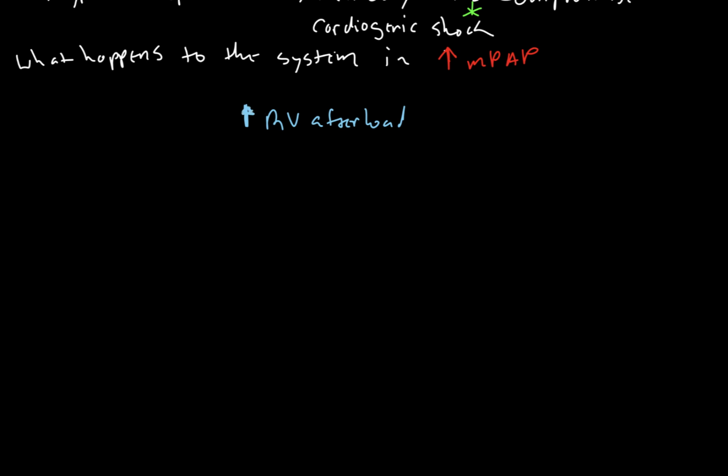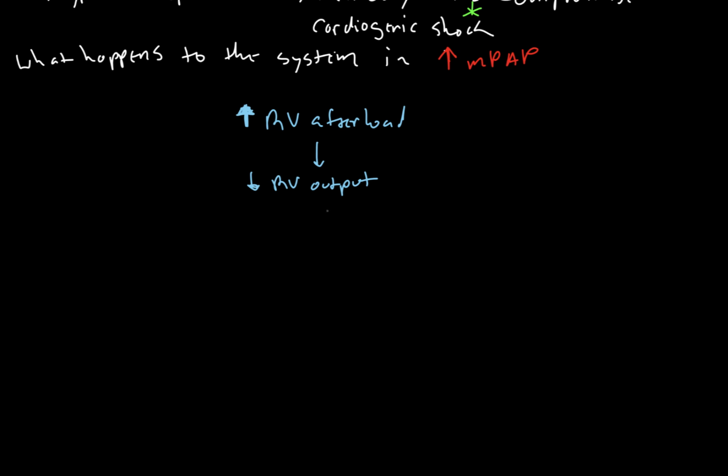And what is that going to do to our output? Since the RV doesn't like to pump against a lot of pressure, it's going to decrease RV output. So what's the decrease in RV output going to do? Well, we're all connected, right? What goes to the right heart has to go to the left heart.